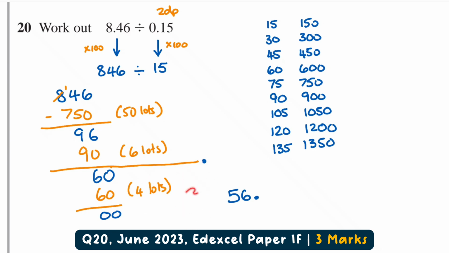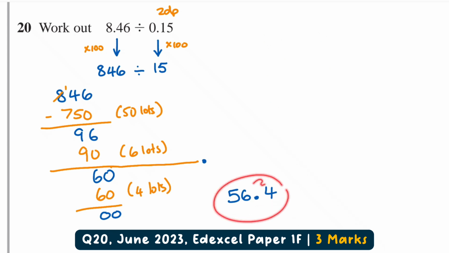In this case, we only have one digit, so I'm just going to put the 4. So to clarify, to get your final answer, you add the numbers before the horizontal line, put the decimal point in, and then you just write the lots after the decimal point. So do not add these ones on. So our final answer is 56.4.